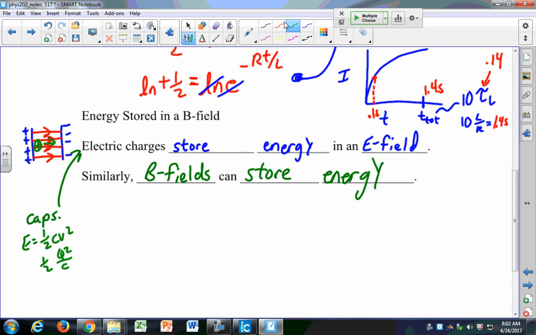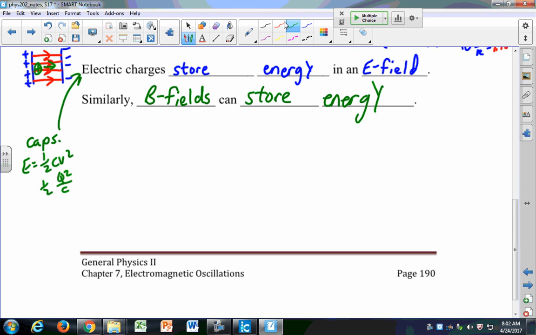The energy stored in a magnetic field, we're going to call this UB, is equal to 1/2 Li squared.